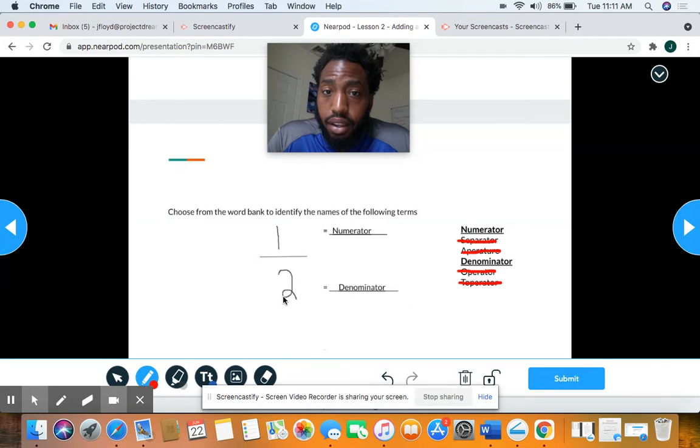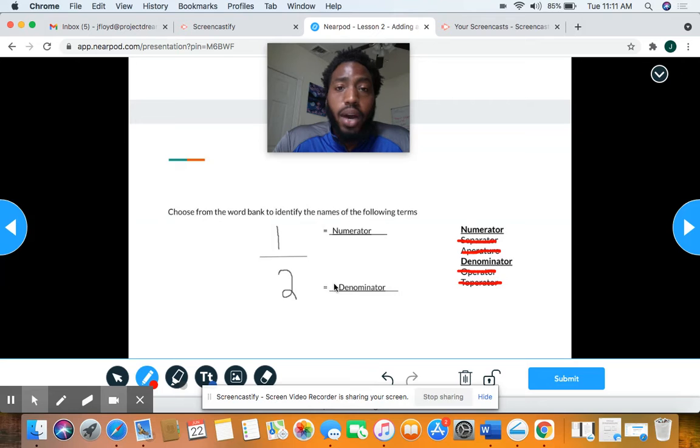And today, we're going to work to have common denominators. We're going to use our common denominator strategy. When something's in common, that means it's the same. You know, me and my brothers, we have a common last name.